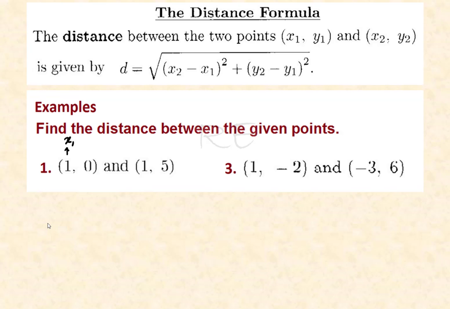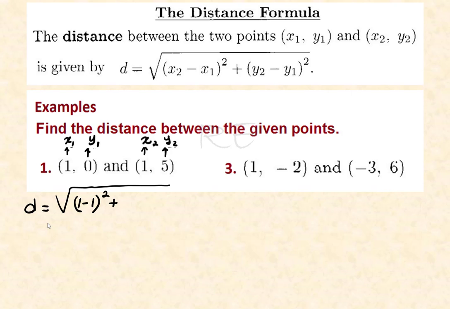For the next segment, 1 is x1, 0 is y1. Second point, 1 is x2, and 5 is y2. We're going to apply the distance formula, and we realize that 1 minus 1 will be 0. So it's (1 minus 1) squared plus (5 minus 0) squared.